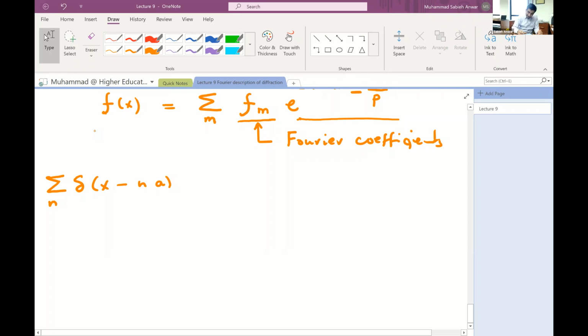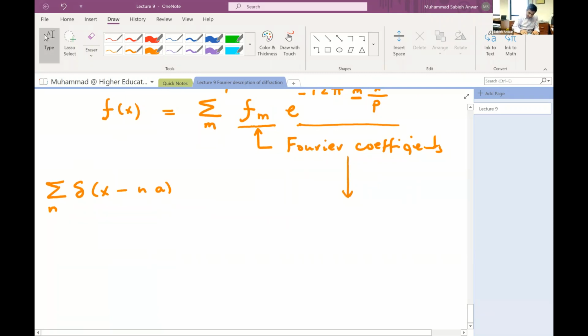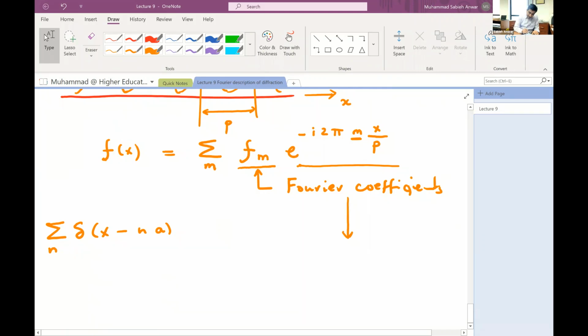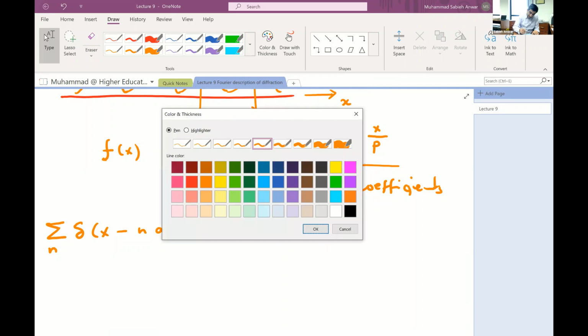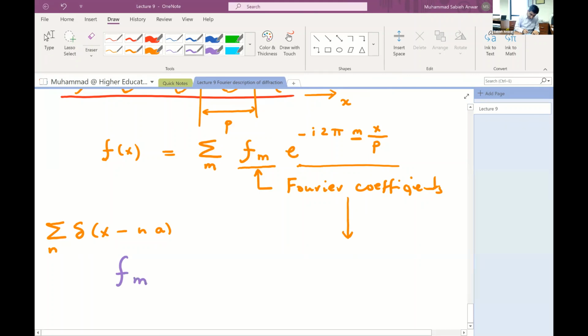By the way, let me complete my discussion of the Fourier series. The function small f can be written in the form I've written in orange, where the Fourier coefficient f_m can also be determined.